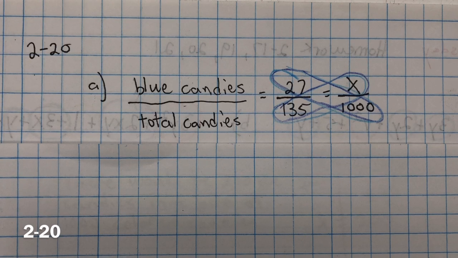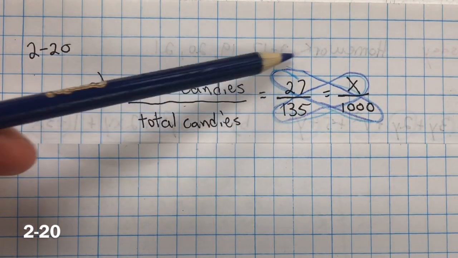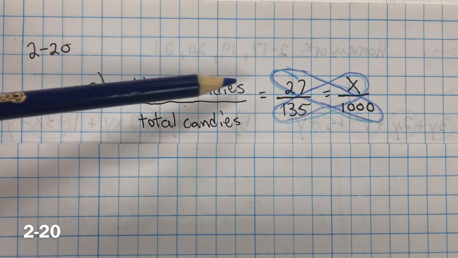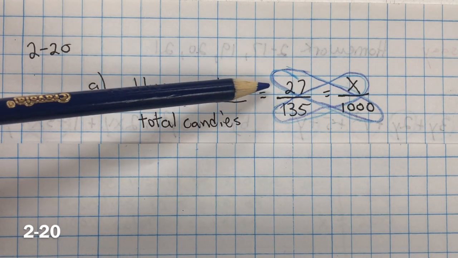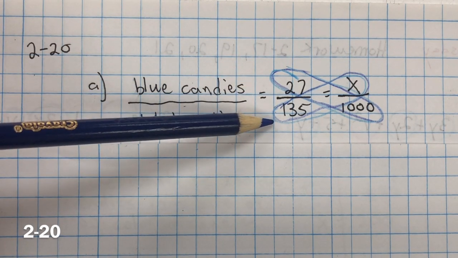In problem 220, a typical small bag of colored candies has about 135 candies in it, 27 of which are blue. So here's our small bag. Our small bag has 27 candies that are blue out of 135.